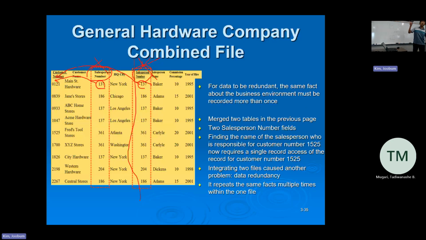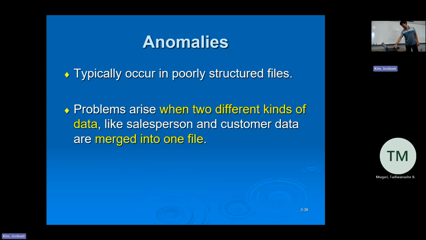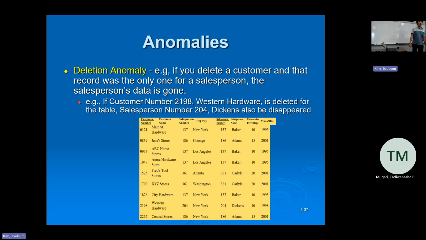Then, because of this redundancy, there are three types of anomalies, kind of issues or problems. So what kind of problem? The first one, deletion anomaly. Think about this example. What is the problem? If you delete a customer and the record was the only one, the salesperson data is gone.